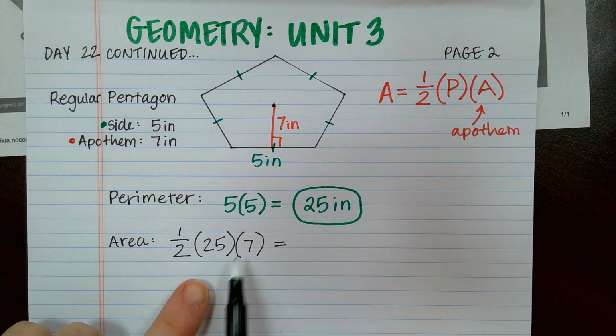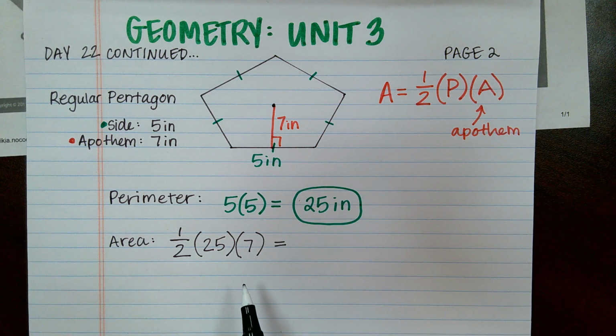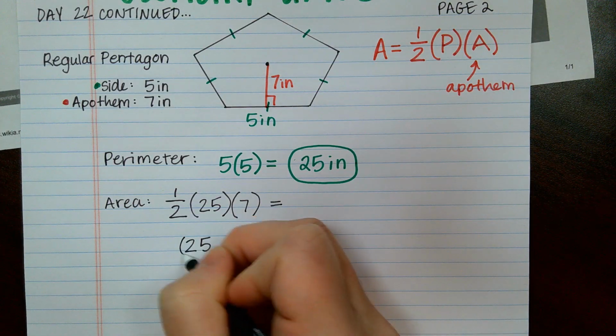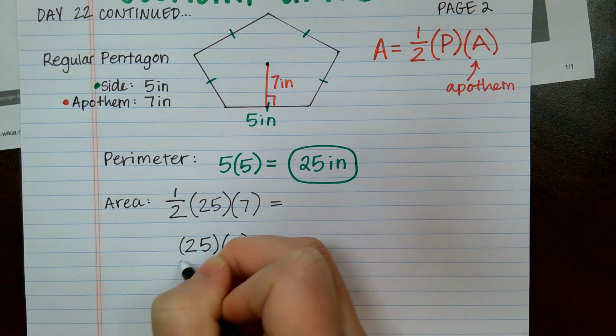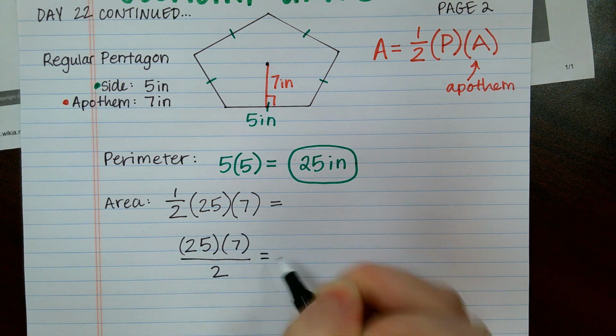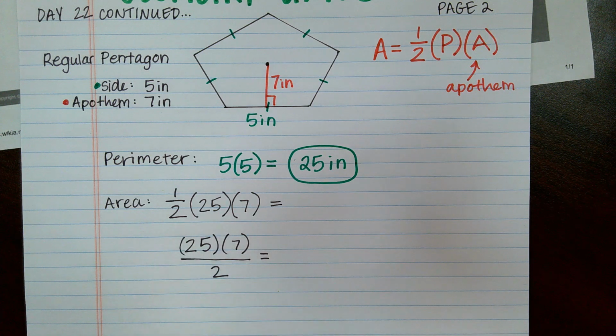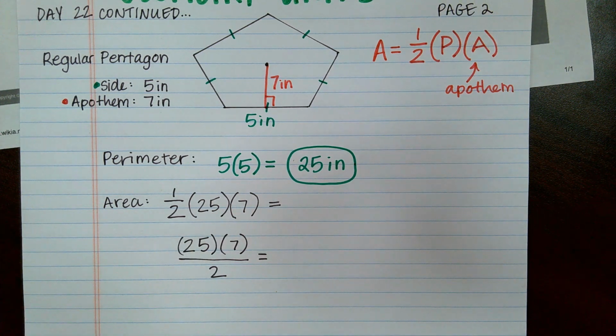And remember, just like with the triangle area formula, if it feels easier to do it like this, 25 times 7 divided by 2, these are the same. Taking something divided by 2 or times 1/2 will give you the same answer. So let's type that in and see what we get.